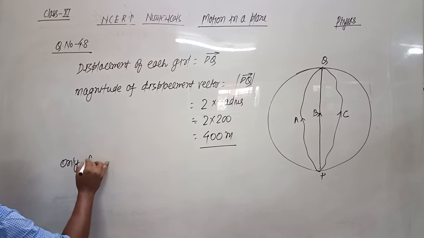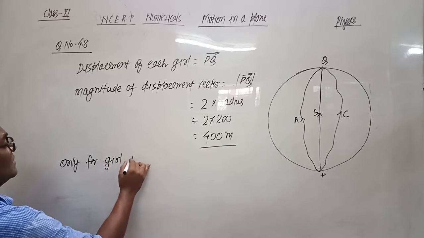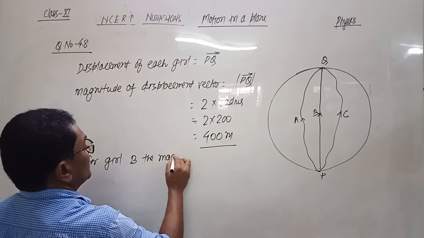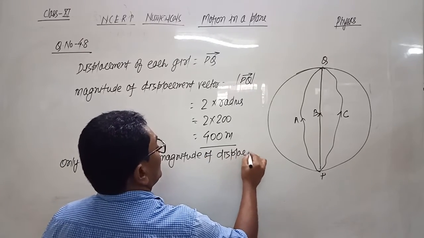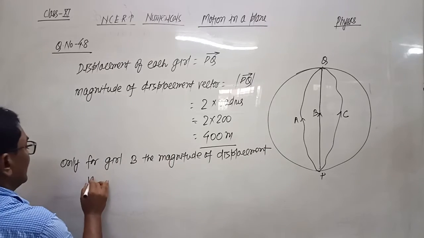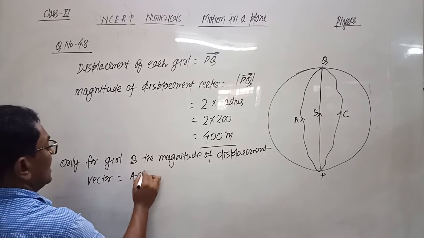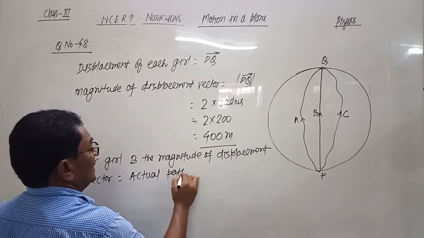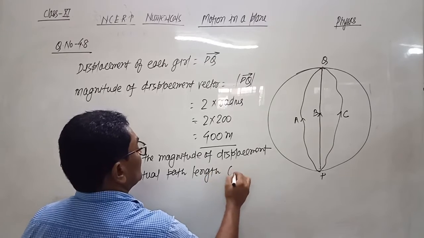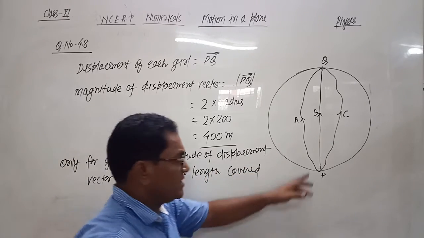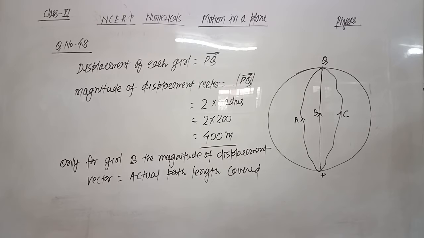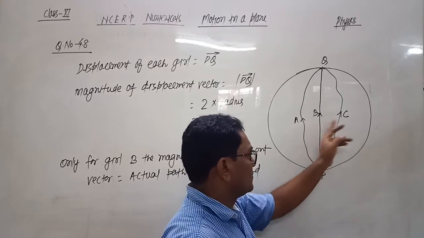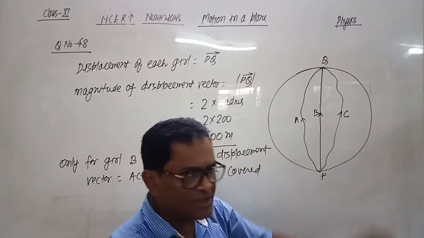For gull A and gull C, the magnitude of displacement is not equal to the actual path length covered.